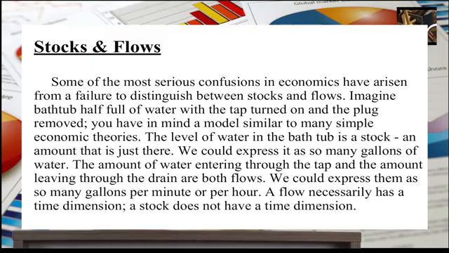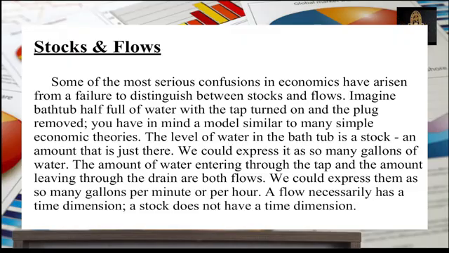Imagine a bathtub, half full of water, with a tap turned on and the plug removed. You have in your mind a model similar to many simple economic theories. The level of water in the bathtub is a stock, an amount that is just there.